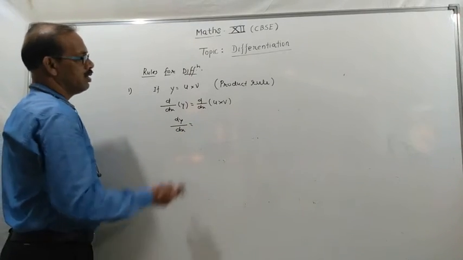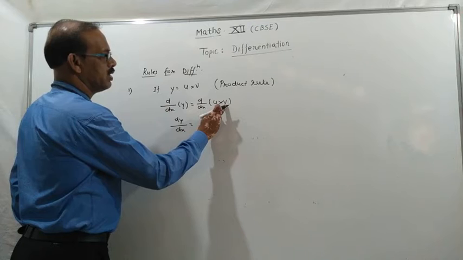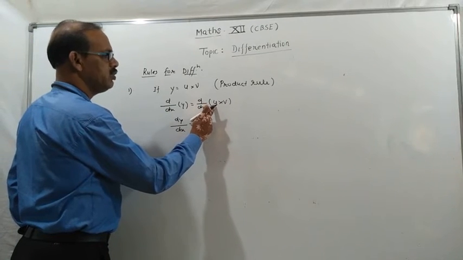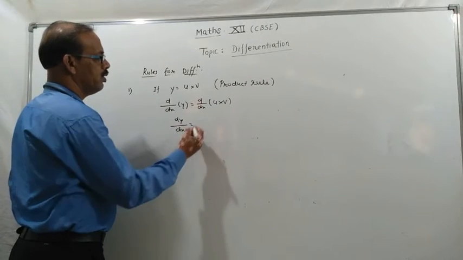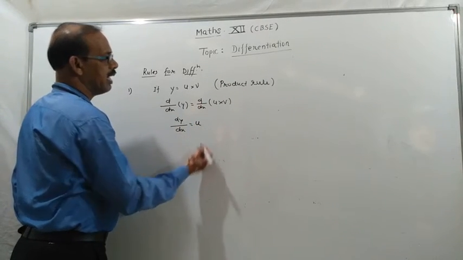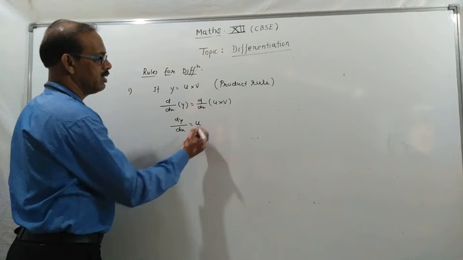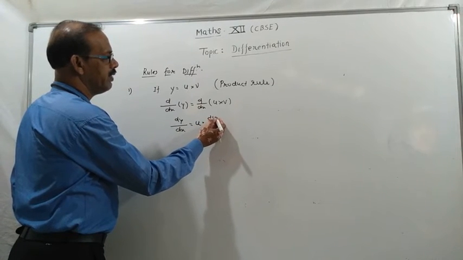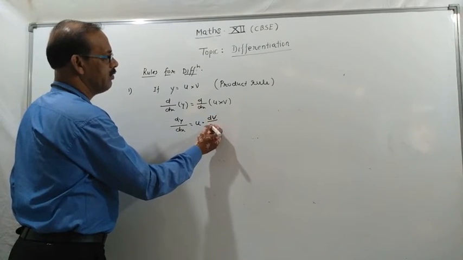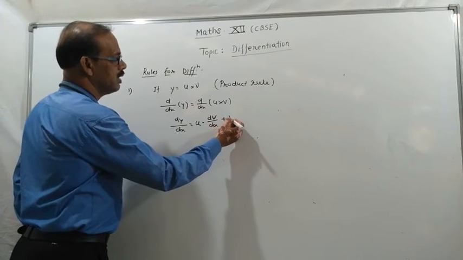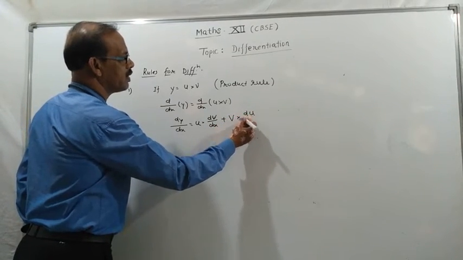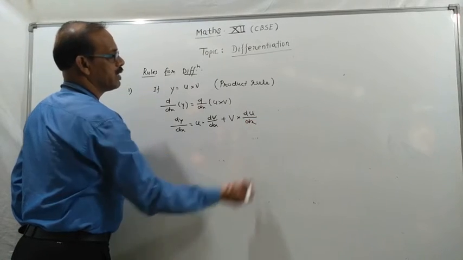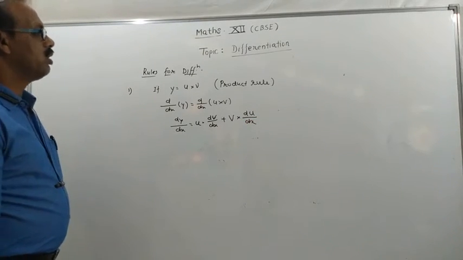Now, multiplication of two functions is given. First one is u, second one is v. According to the product rule, we write the first function as it is into the derivative of the second function plus the second function as it is into the derivative of the first function with respect to x. This is called the product rule.